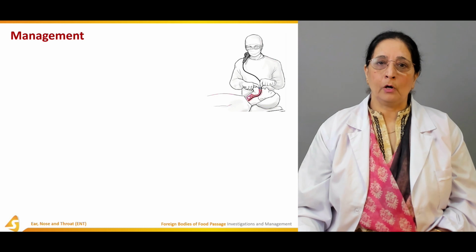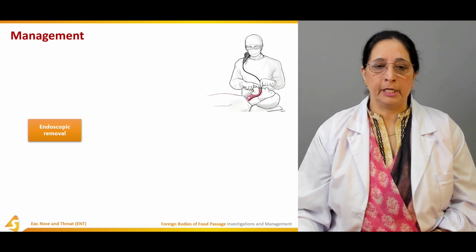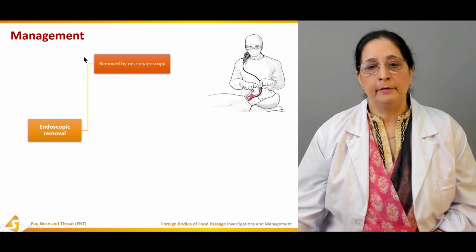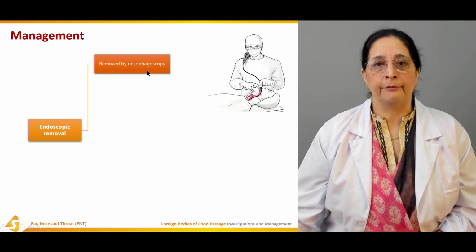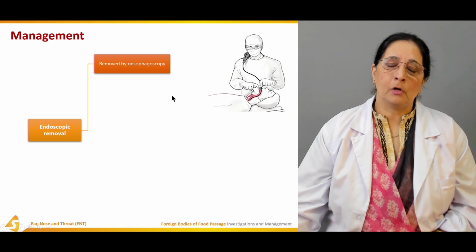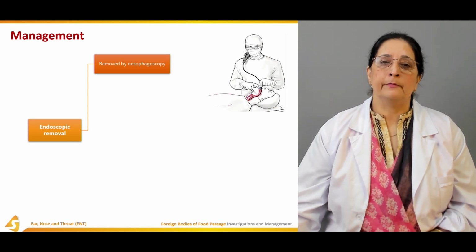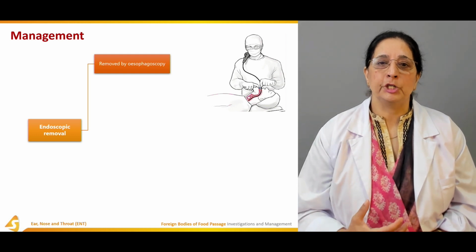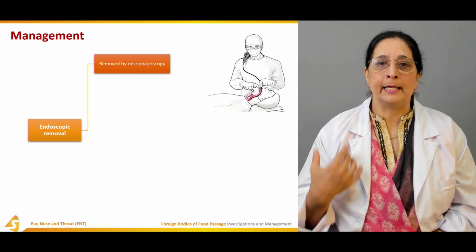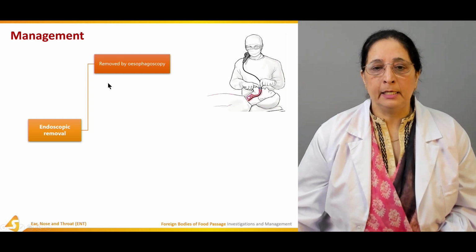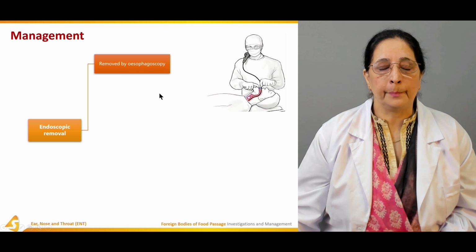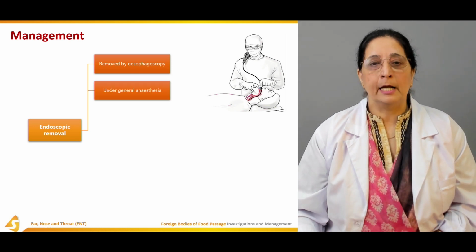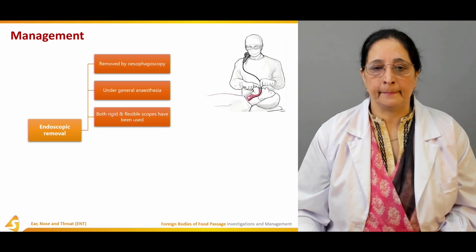The management of the foreign object: we have endoscopic removal of the foreign object, which is done by esophagoscopy. Endoscopic examination is when an endoscope is used for direct visualization of the foreign body, and then it can be removed. It can be esophagoscopy, direct examination of the esophagus under general anesthesia.